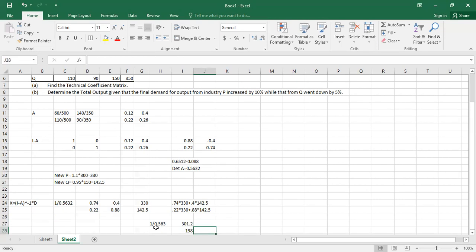What do you get? I want the figures for P and Q. What do you get? 1 divided by 0.5632 multiplied by 301.2 gives 534.8. 534.8. The other one?